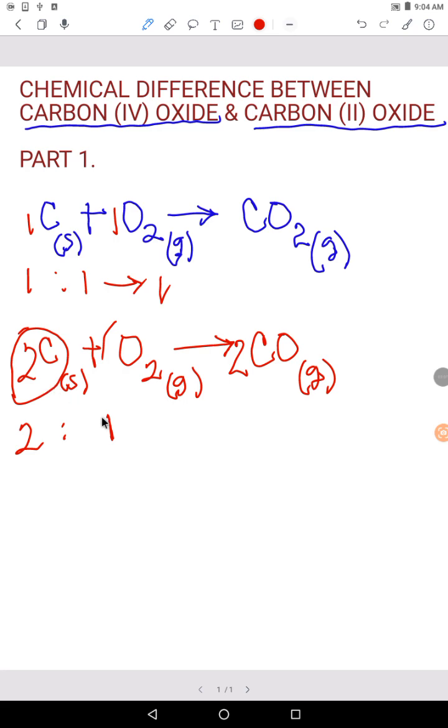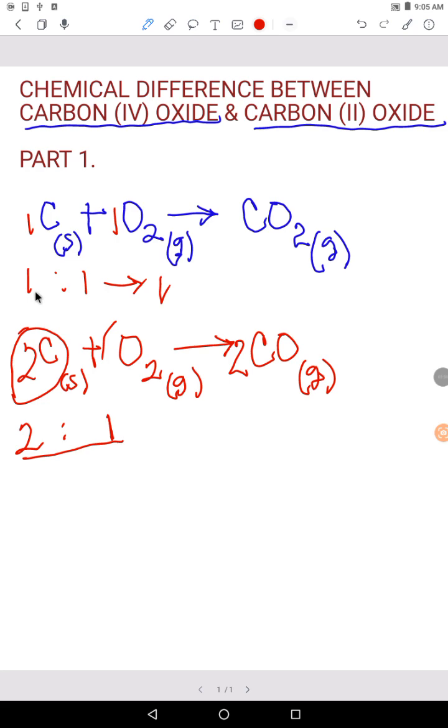In that case, the amount of oxygen used is not enough to burn the carbon completely, and carbon 2 oxide is formed, and when the car moves, we can see thick smoke coming out from the exhaust of the car. And of course, this is dangerous because carbon 2 oxide will react with the red pigment of the blood, the hemoglobin, to cause some health issues.